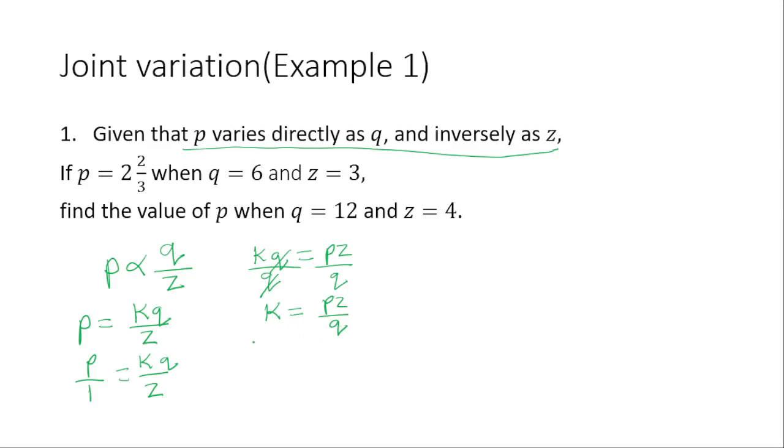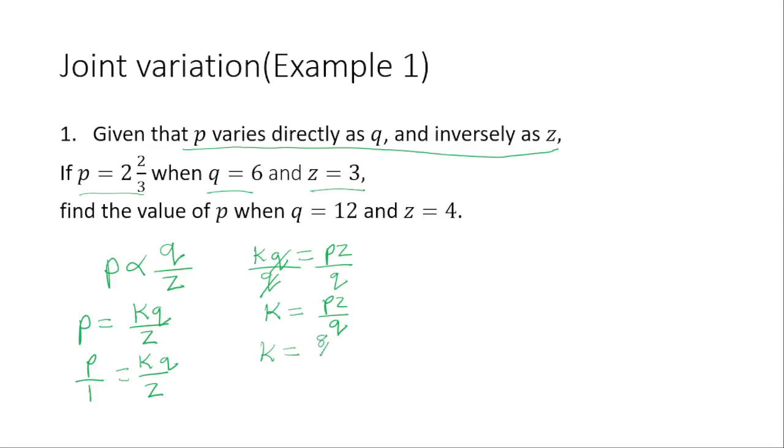All right. The next thing that we need to think about is to substitute. P is given, Q is given, Z is given. We need to find what K is. So we substitute those values in our equation. When we write 2 and 2/3 in improper fraction form, we are going to have 8 over 3.